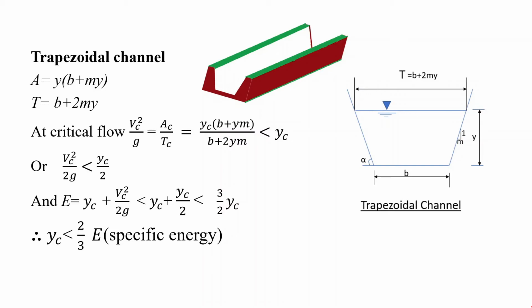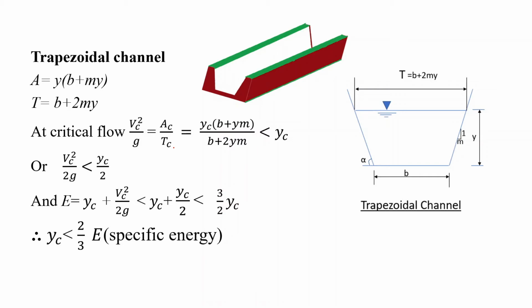Trapezoidal channel. Here A is given as Y into B plus My, and T, the top width, is equal to B plus 2My. At critical flow, Vc square by G is equal to Ac by Tc, where Ac is the area at critical flow and Tc is the top width at critical flow.